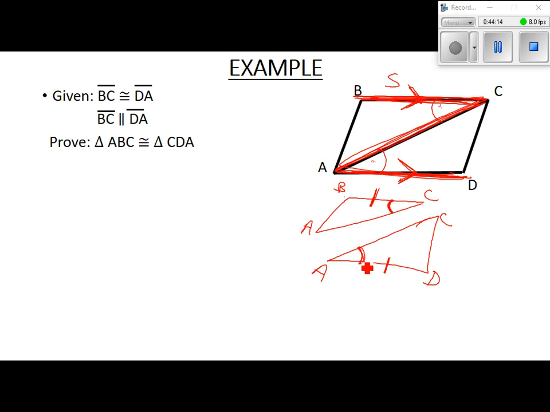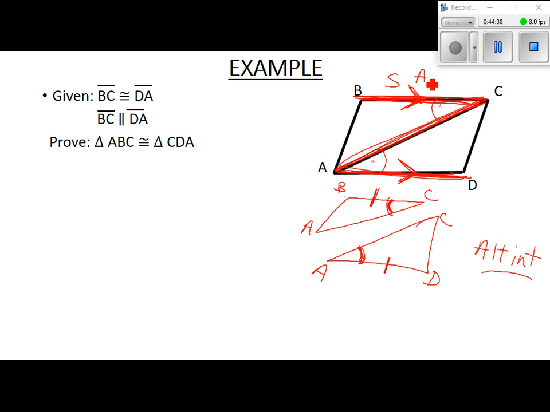I'm just going to write myself a little note over here: those were alternate interior angles, right? Just so I don't forget it. So we had a pair of sides, that was just a pair of what? Angles. So instead of an S, guess what I'm going to write? A.